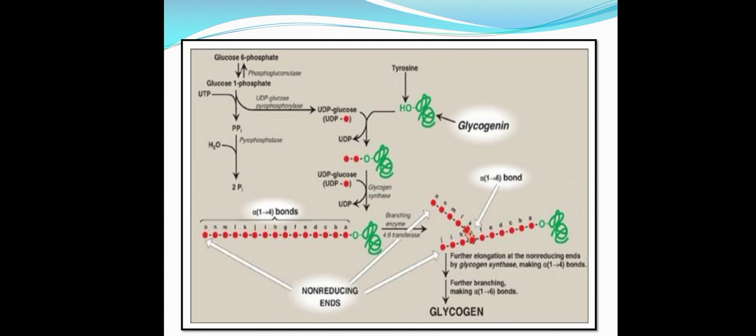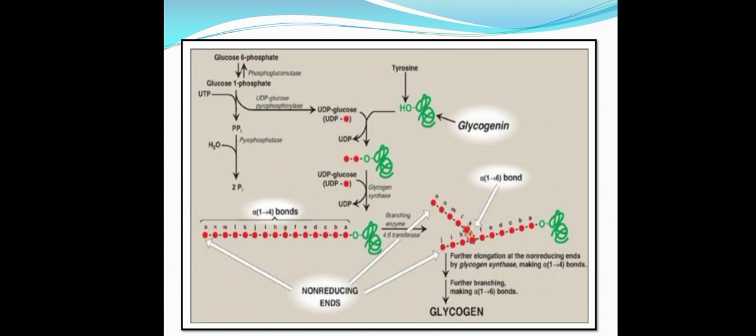Now this UDP glucose acts as a substrate, and then the glycogenin enzyme is responsible to initiate the glycogen chain synthesis, and it binds the UDP glucose molecules. Whenever there are 8 UDP glucose molecules, these are joined with each other by alpha 1,4 glycosidic linkage. Then there is the role of the glycogen synthase enzyme.